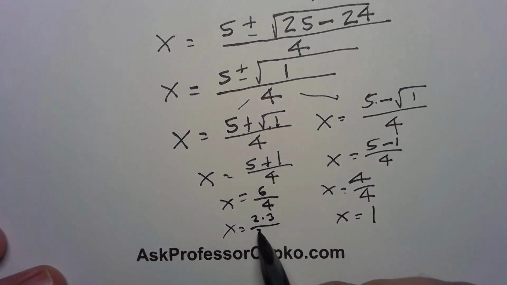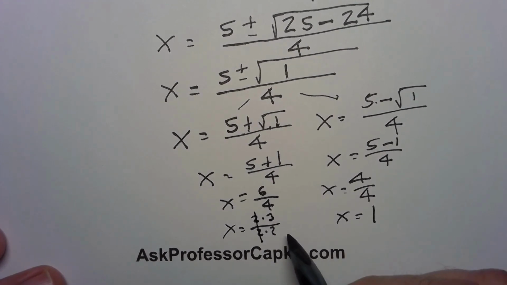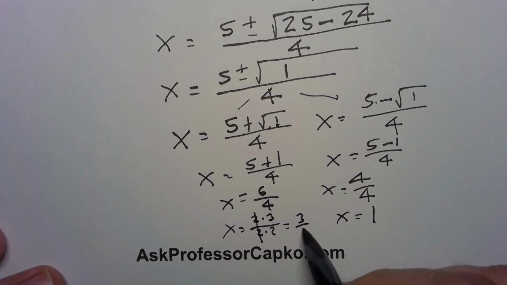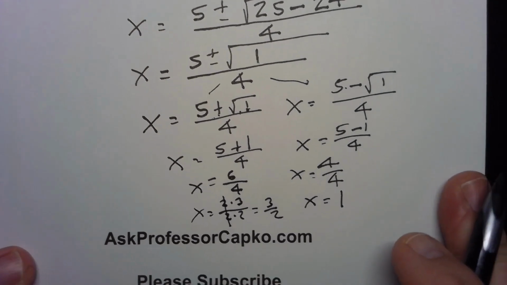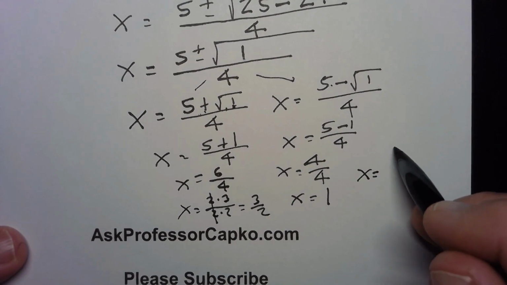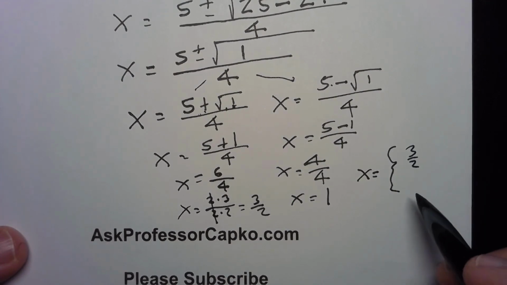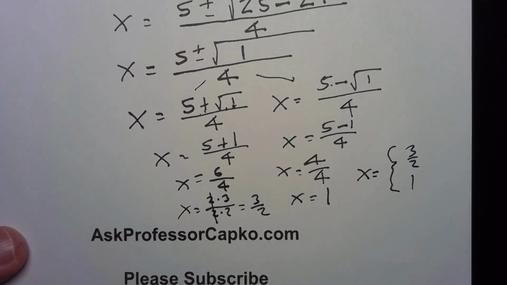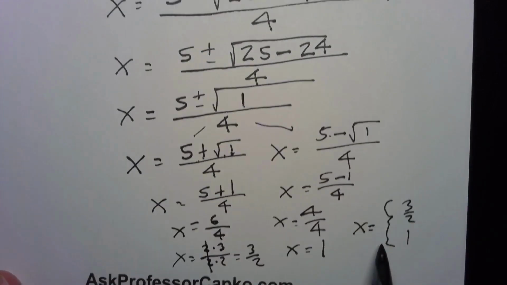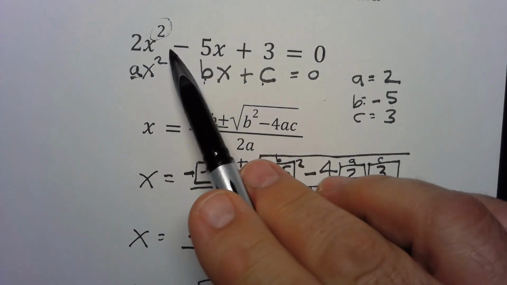And 4 is 2 times 2. The 2's cancel out. So my x is equal to 3 halves. So I actually have the two answers. X is equal to 3 halves and 1.